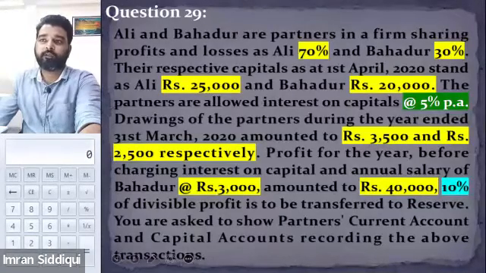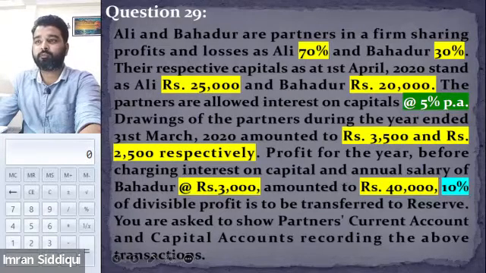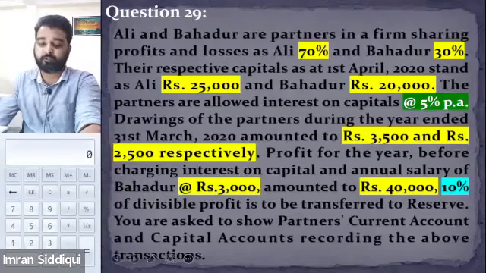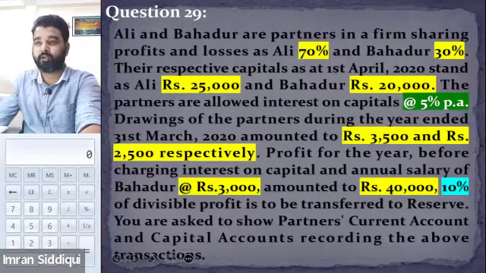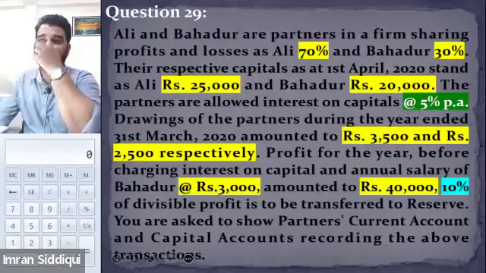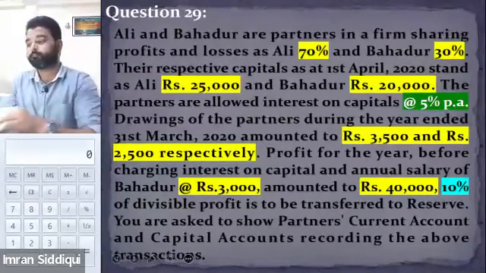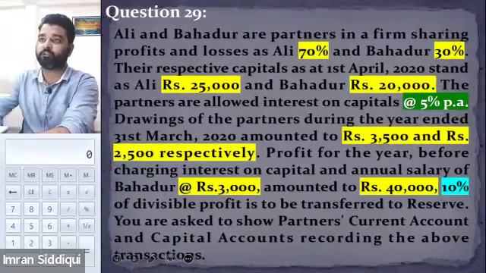Now, the next thing in the question, you can see, is highlighted by blue color. You can see 10% needs to be transferred to the reserve. 10% of what? 10% of the divisible profit, right? So we will calculate the divisible profit, and whatever the divisible profit is, we will calculate 10% as the reserve, and then we will record it in the P&L appropriation.